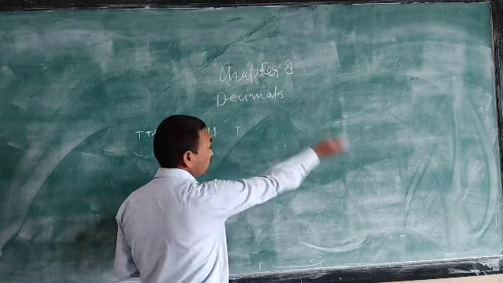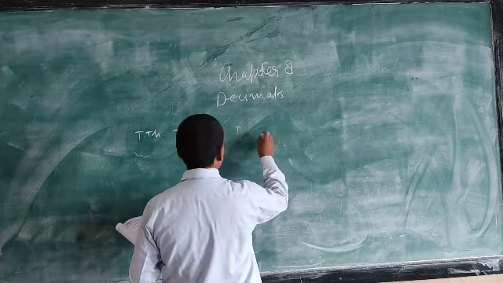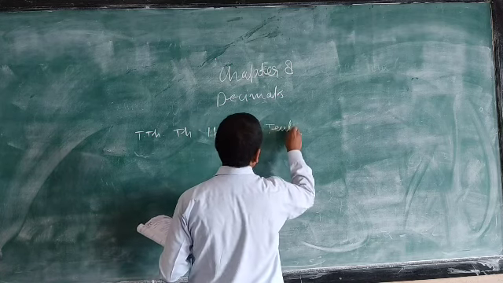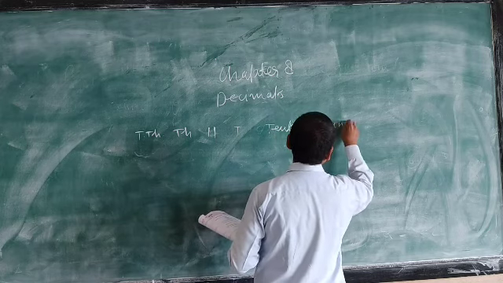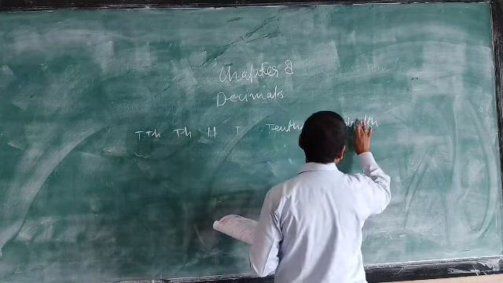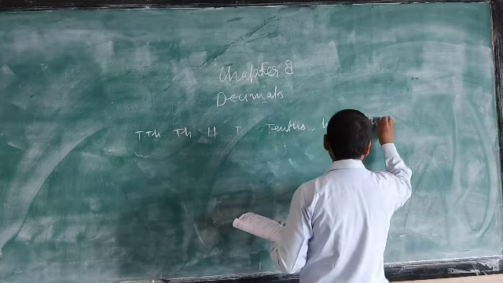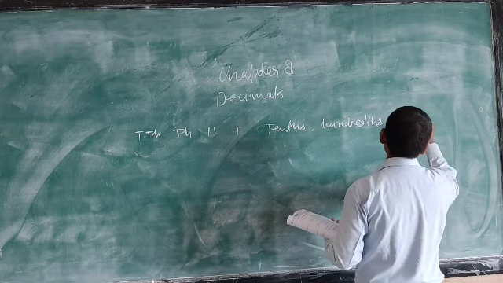After that, on the right side, the places are tenths, hundredths and thousandths.